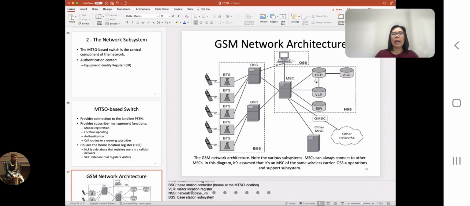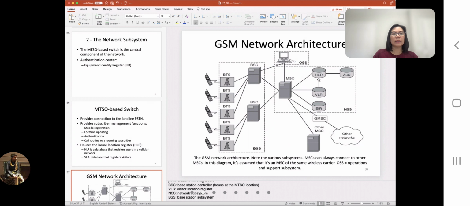And the OSS, the operation and support system, you can consider as the brain of the network, like the spine of the system in a human body, for example. It has all the nervous function.